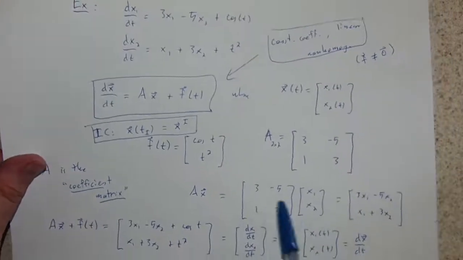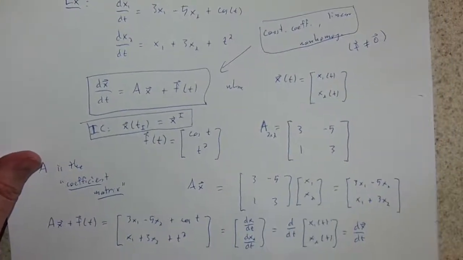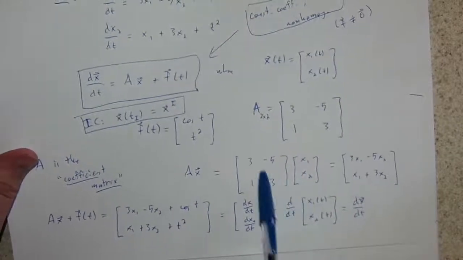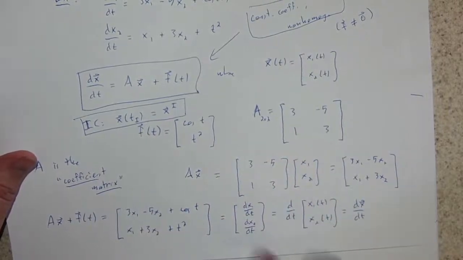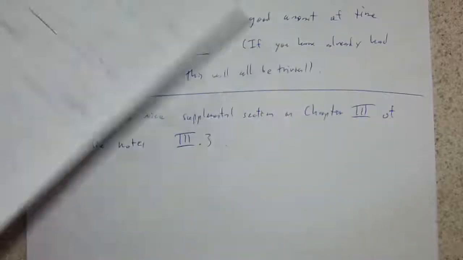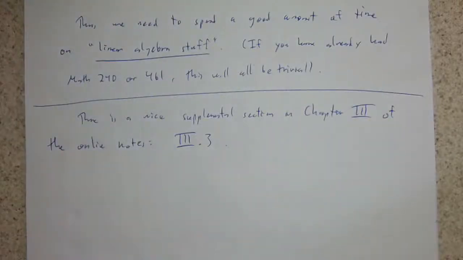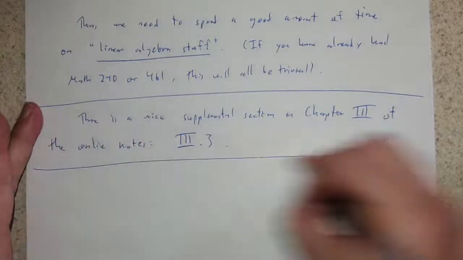If you don't remember how matrix multiplication works, for instance, you might not remember that multiplying matrices works in this way, where I think of slamming these two vectors together and adding the results. But we're going to go over all of that stuff, just a nice refresher. This refresher is roughly covered in that supplement I mentioned. I don't promise I'm going to go in the exact same order, because I'm going off the top of my head here, but you can have a look at that supplement, and you will find all the stuff you need in order to do all this.